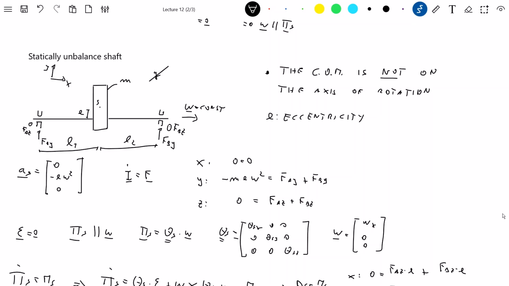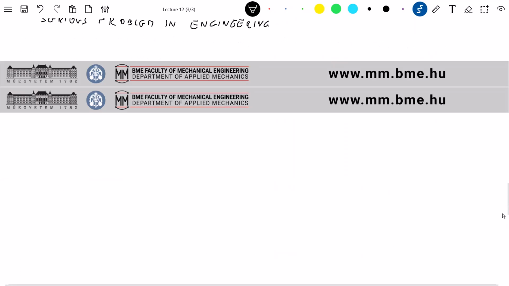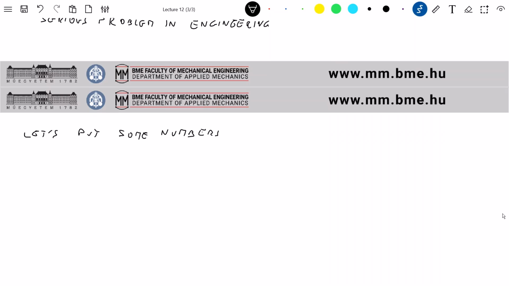Now let's put some numbers to have an idea of what this means. Let's think about a disc which has a mass of 10 kilograms. 10 kilograms is really a small mass, it's not much. And we have an eccentricity equal to 0.1 millimeters, which is something very small.